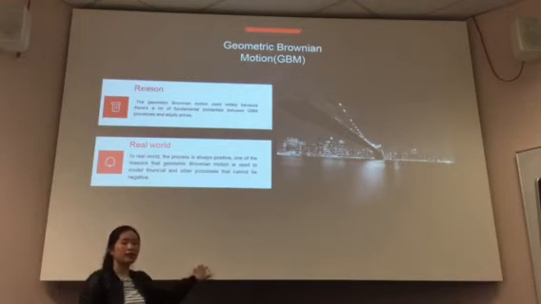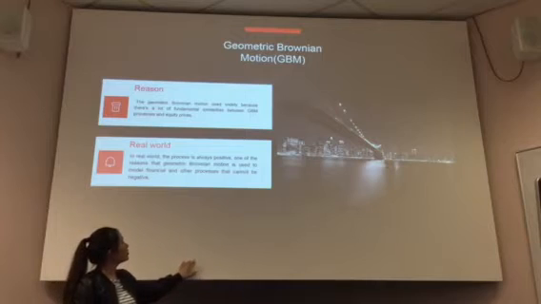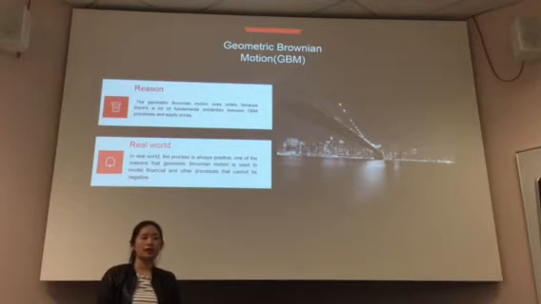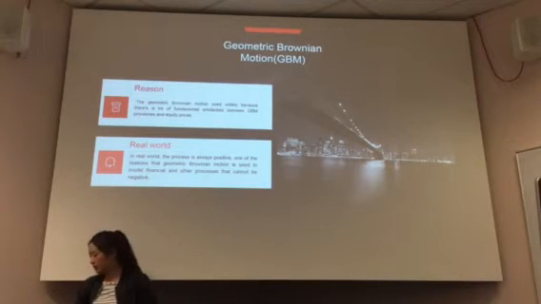One of the reasons is the GBM model is used for financial and other processes that cannot be negative. And the GBM process does not assume any extra costs associated with changing values. Stock returns are a function of transaction costs.